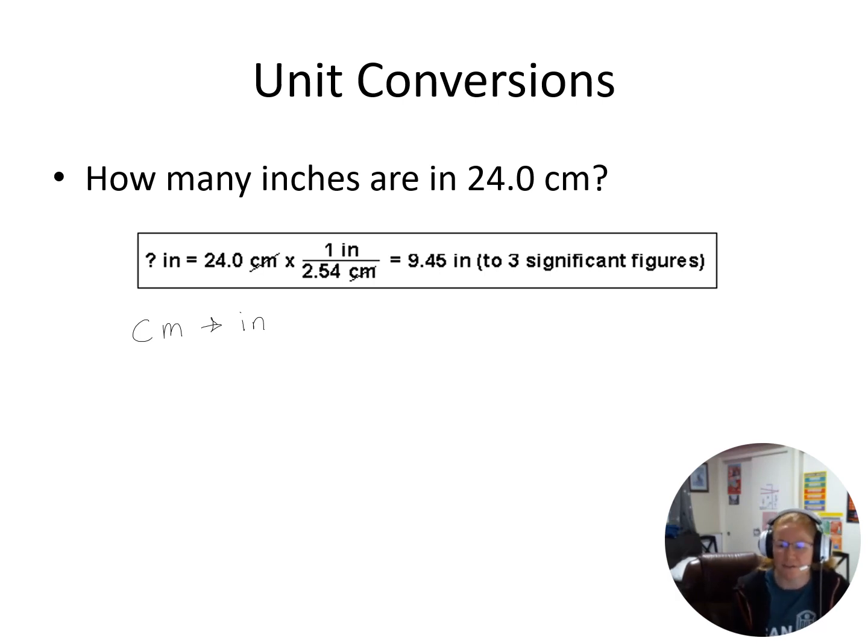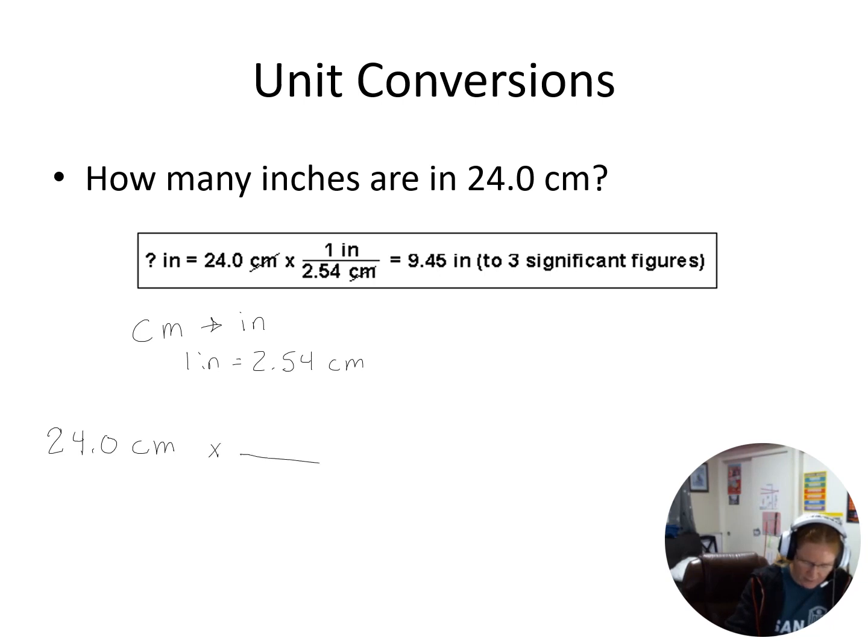Now we have a conversion factor that lets us go between centimeters and inches, and that is 1 inch is equal to 2.54 centimeters. Okay, so I start off with my 24.0 centimeters. Okay, and now I need to convert that to inches.